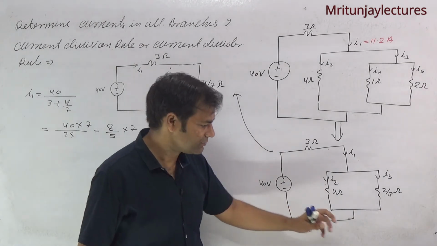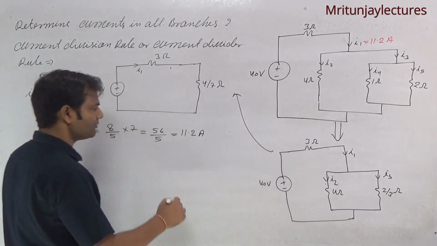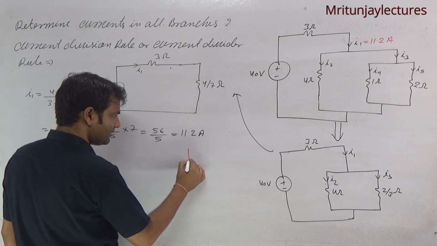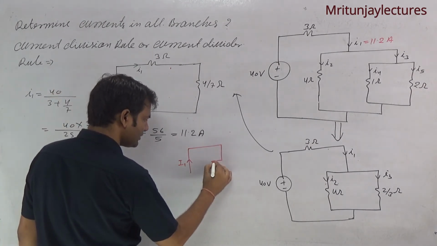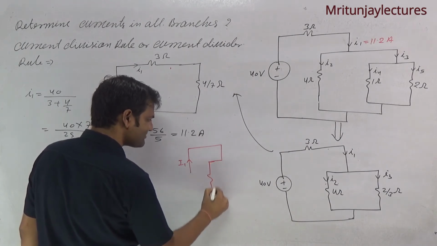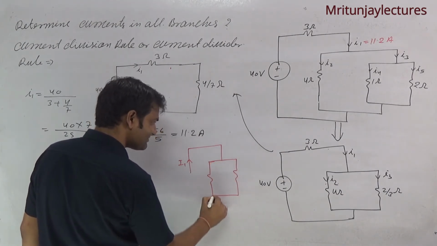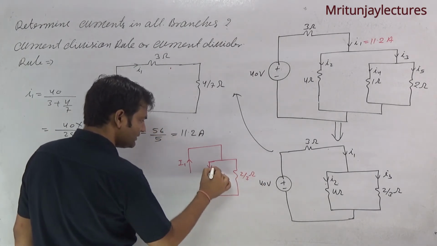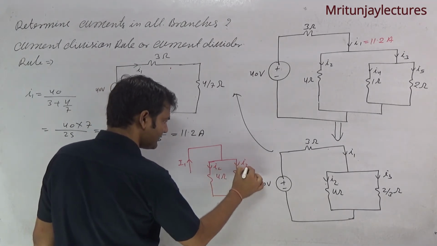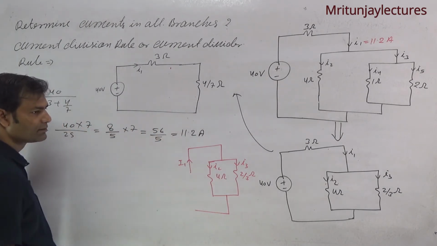If you determine I2, then follow the current divider rule again. This one is I1, I2, that is 4 ohm, that is 2 by 3 ohm. This one is I2 and this one is I3. Clear?